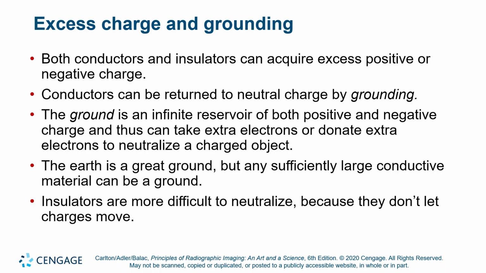Or if the conductor is positively charged, the ground can donate electrons to neutralize it. Okay, so in both situations, the smaller object gets neutralized by the larger object. And so ground is just a big object.